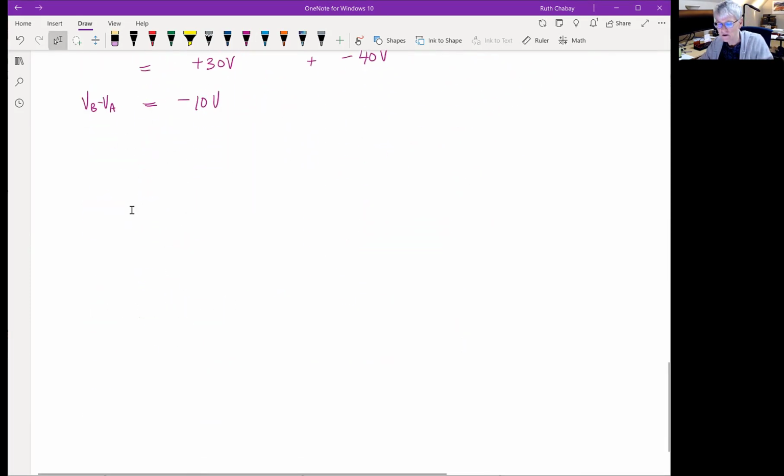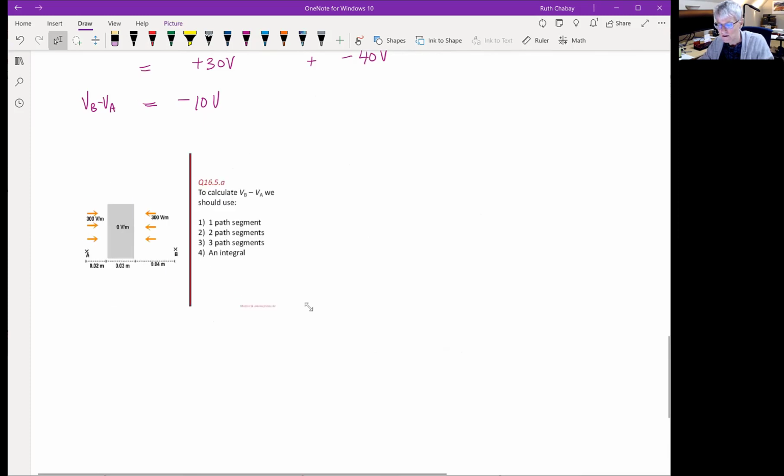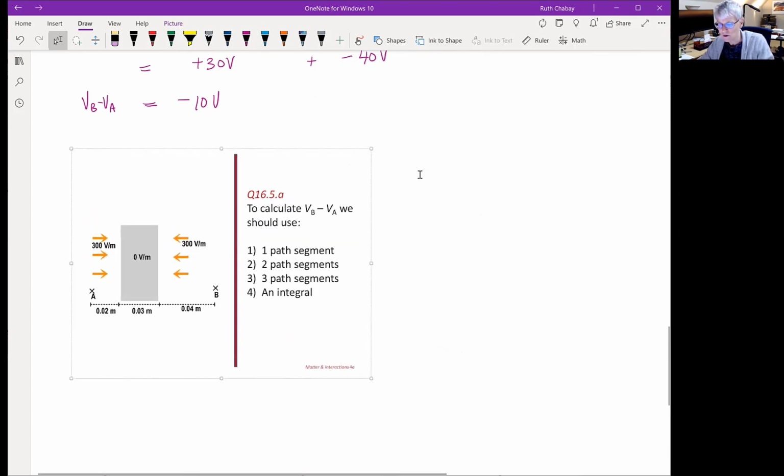Okay, so let's consider a situation where we can apply this. Here is a situation where we've actually got three regions of field. We have a region on the left where the electric field has a magnitude of 300 volts per meter, but it points to the right, this region here.